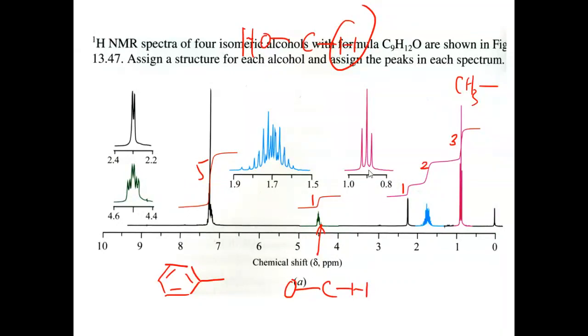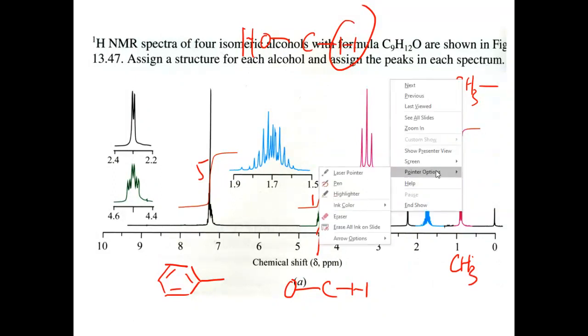Always use it, okay? Because the methyl peak splits into 3 lines, the methyl protons must have a CH2 connected to it. Okay, so if this is a methyl, it must have a CH2 connected to it.